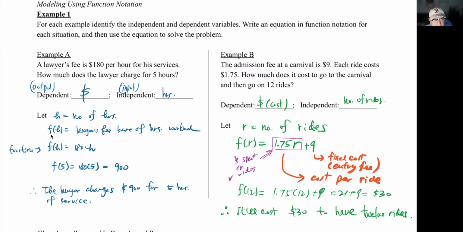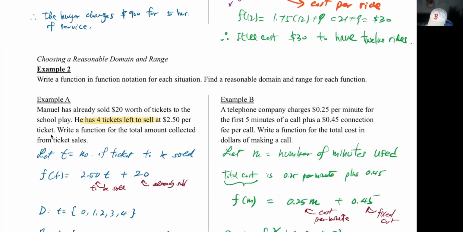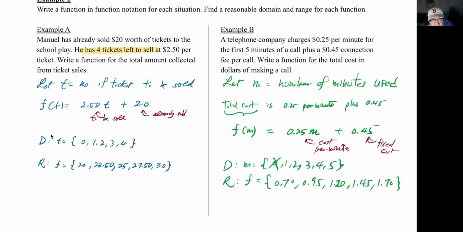Okay. Let's look at example 2B. In this case, a telephone company charges 25 cents per minute for the first 5 minutes, plus a 45 cent connection fee. That's the initial cost, isn't it? And we have to write a function for total cost in dollars of making a call.